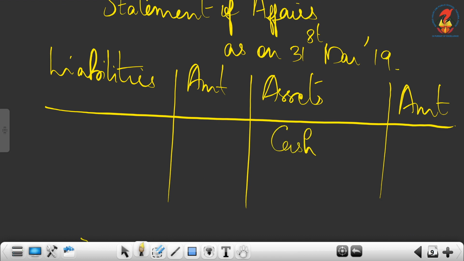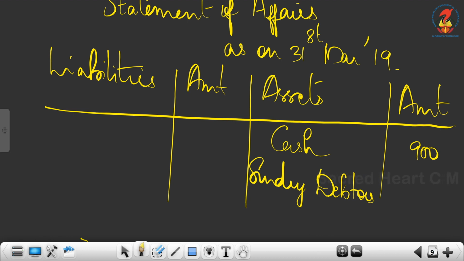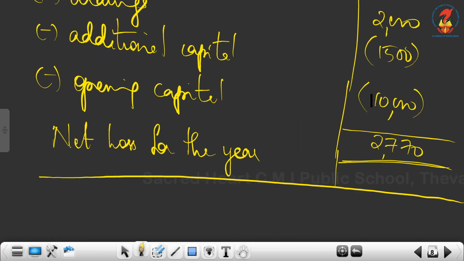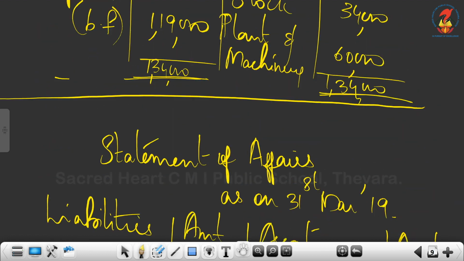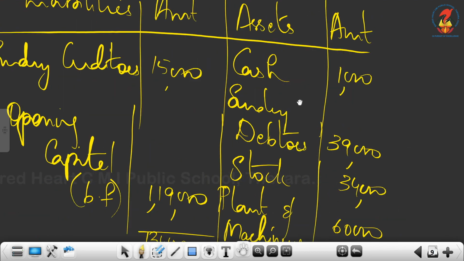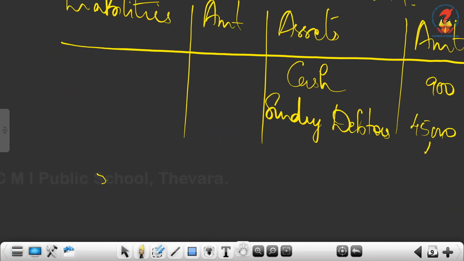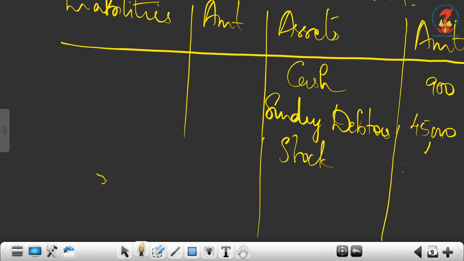Cash 900, debtors 45,000, then stock 32,000, plant and machinery 80,000. All these are directly given, you just have to copy this.